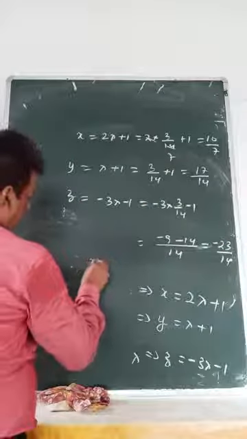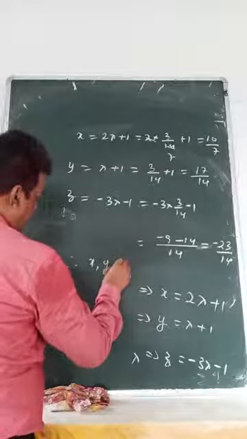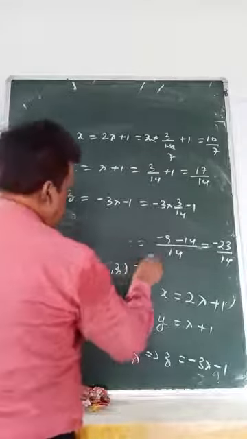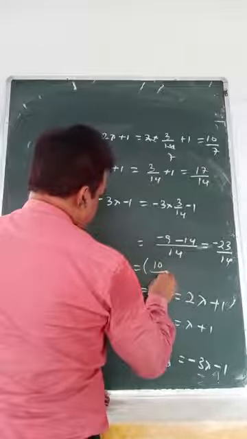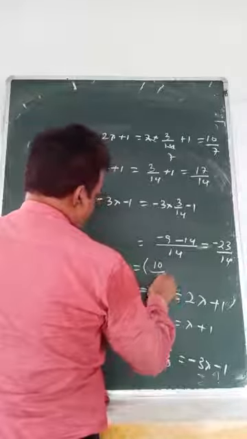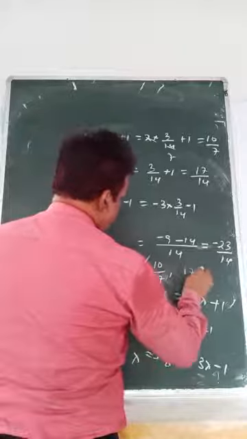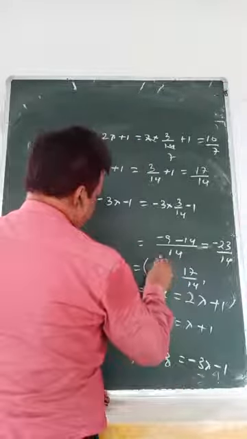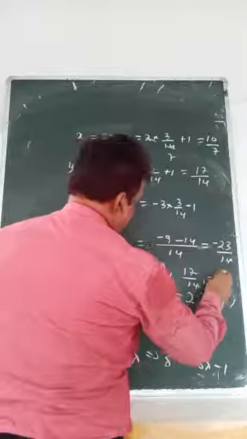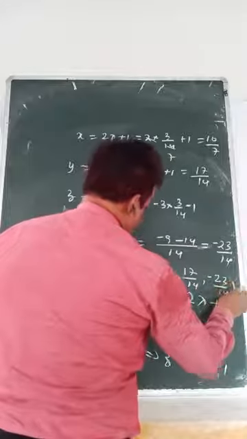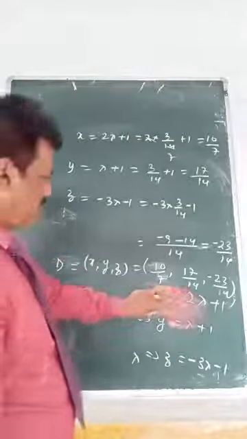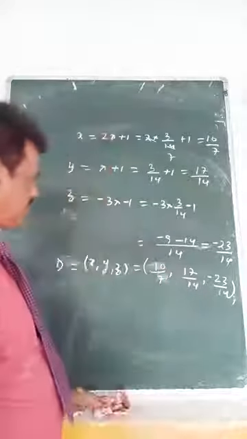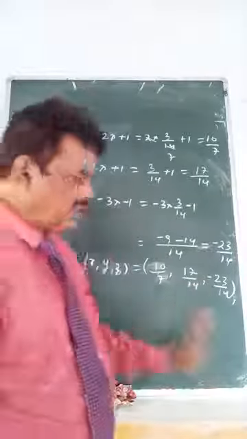Therefore your x, y, z, which is the point D, is 10 by 7, 17 by 14, minus 23 by 14. Coordinates of the foot of the perpendicular. Okay, this is done now.